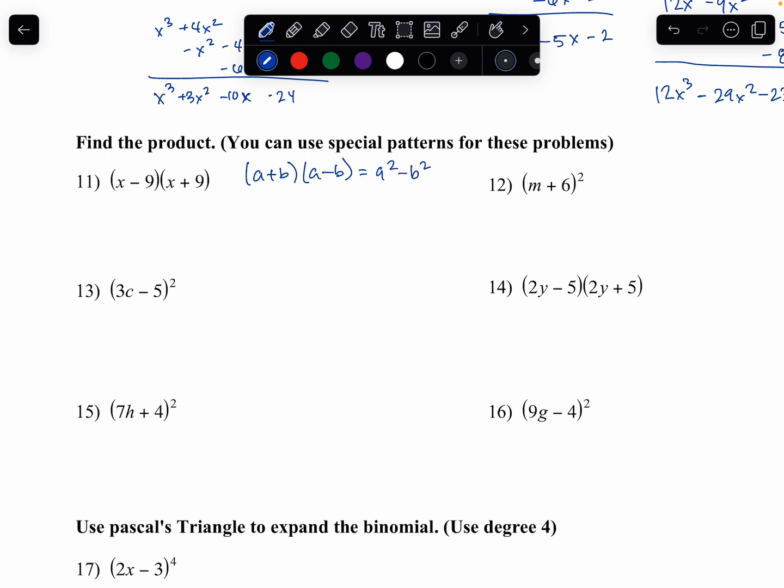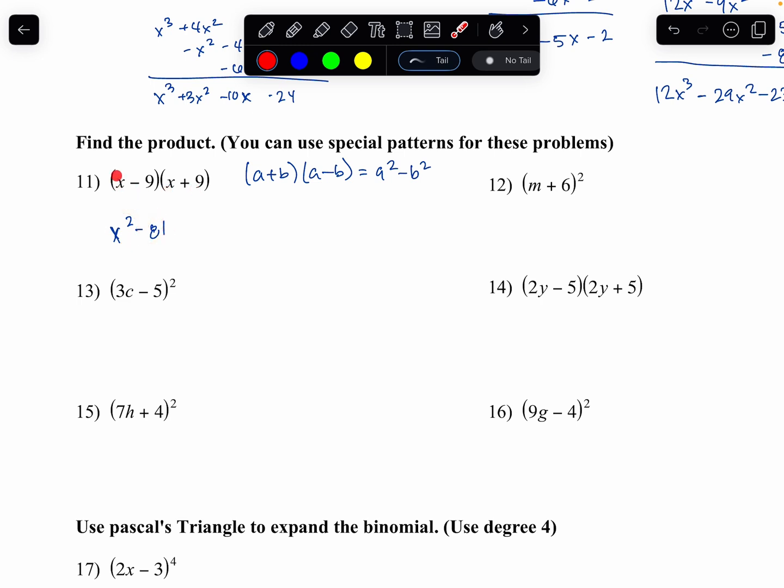So in this case, when I multiply these together, it's simply going to be x squared minus 81, because x times x gives me x squared, and negative 9 times 9 is negative 81.